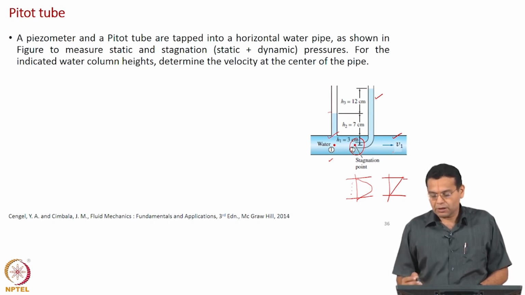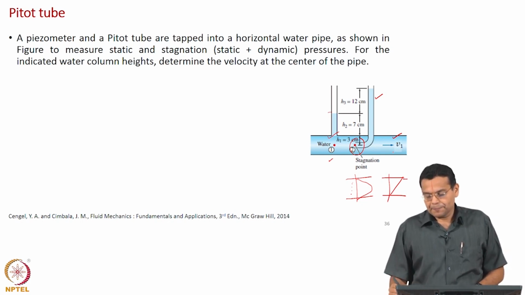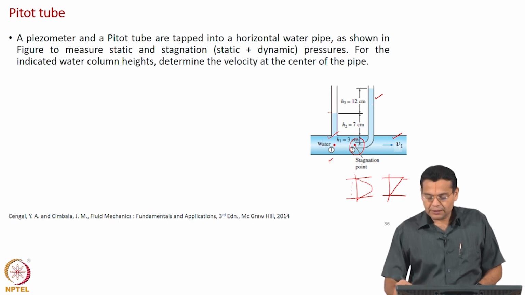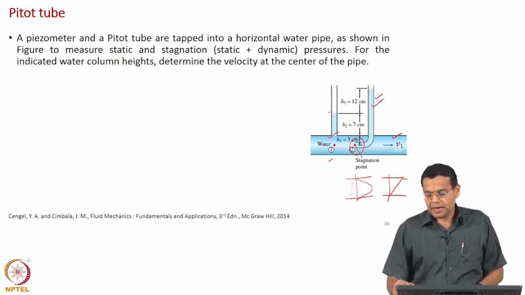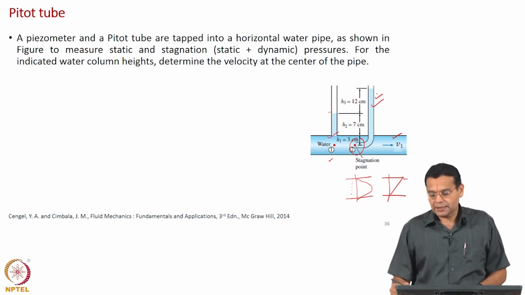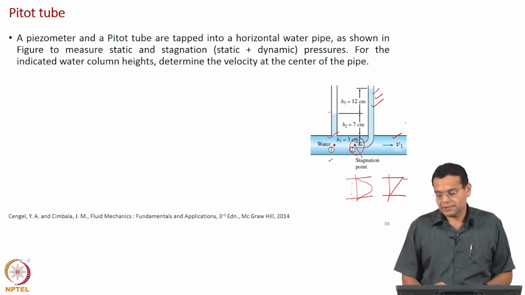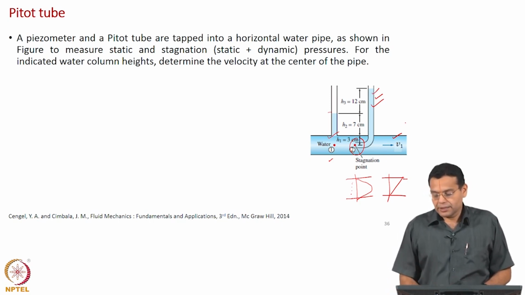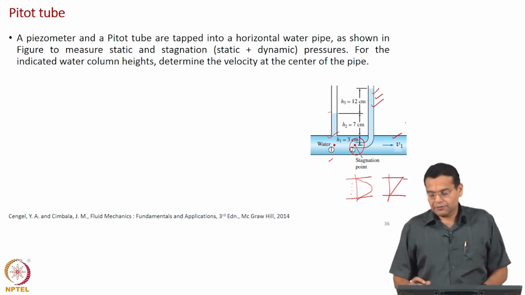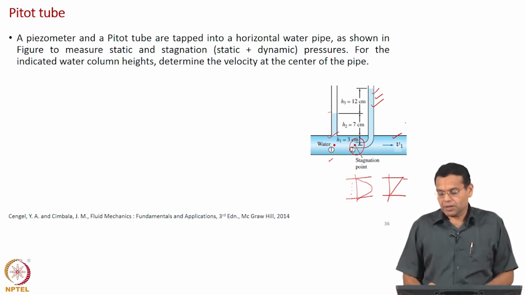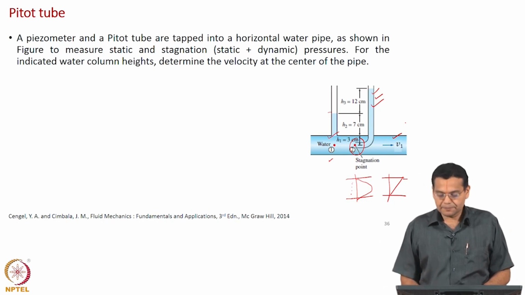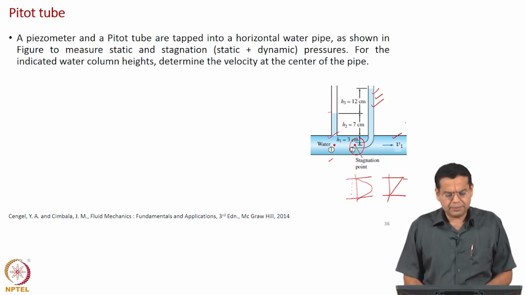So, it loses all its kinetic energy, and that results in an increased pressure, and that is why you observe a higher level here. That increased pressure is represented by the water level in this tube. So, the first tube represents the static pressure, the second tube reflects the increased pressure because of the conversion of kinetic energy.